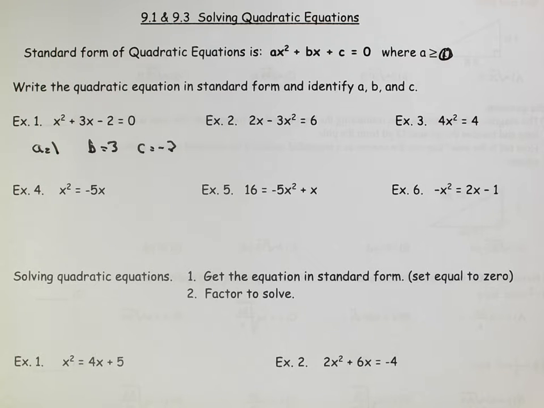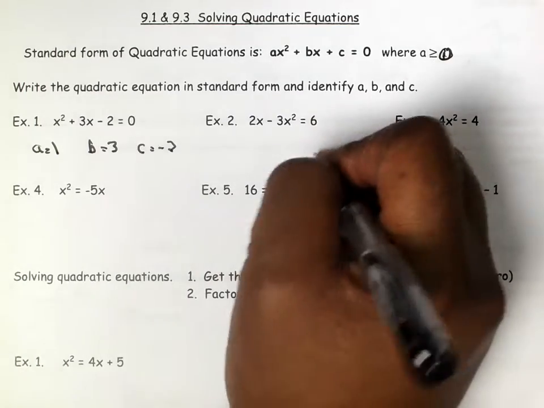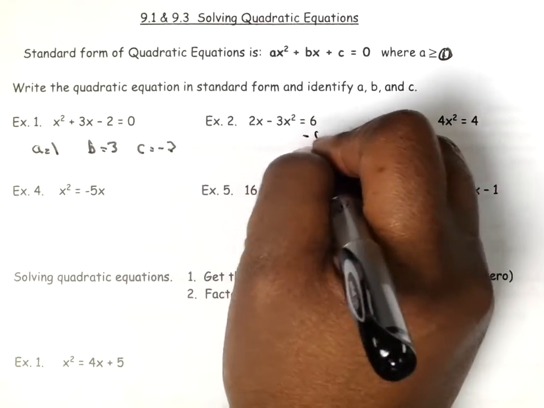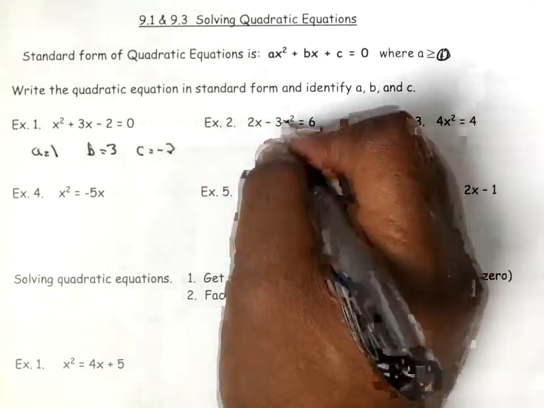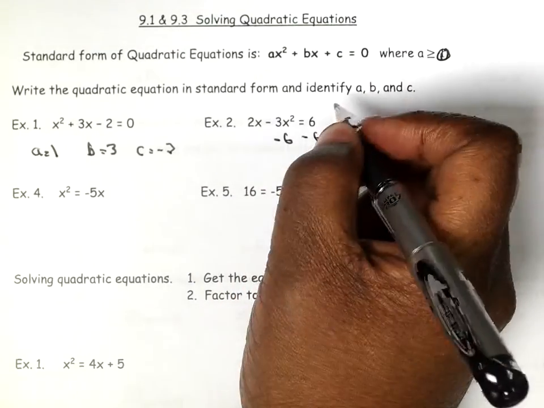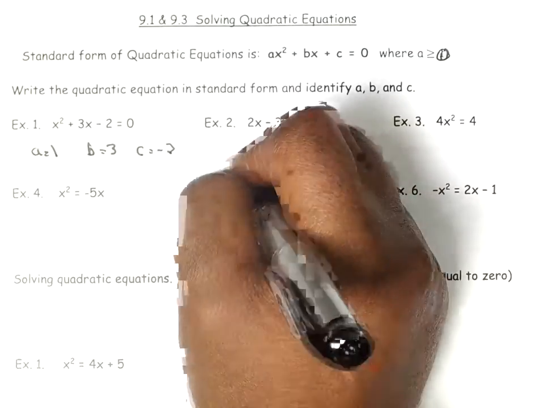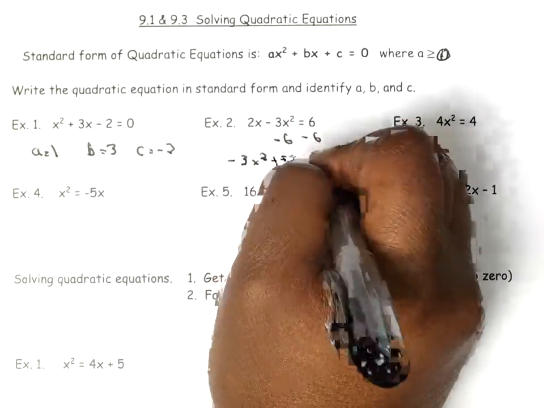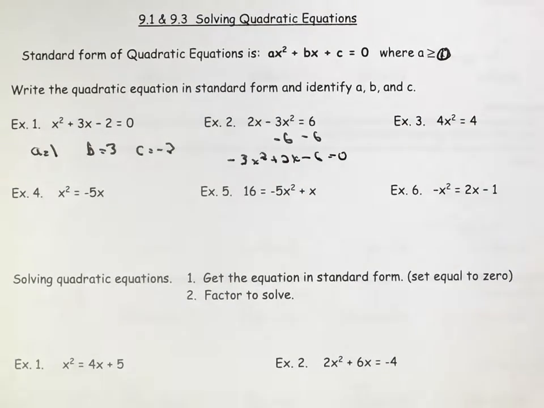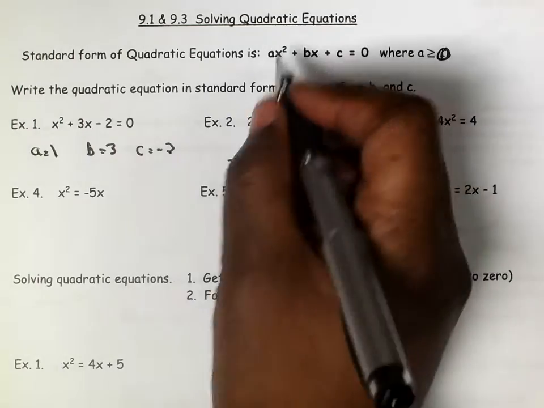The second one is not in standard form, so I need to move that 6 over first. And then there's another problem with this. The coefficient of x squared is negative. So first I'm just going to write it as negative 3x squared plus 2x minus 6 equals 0. And then I'm going to divide everything by negative 1 because that coefficient has to be positive.